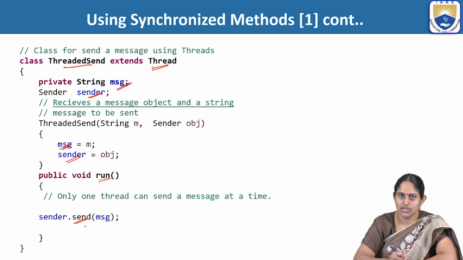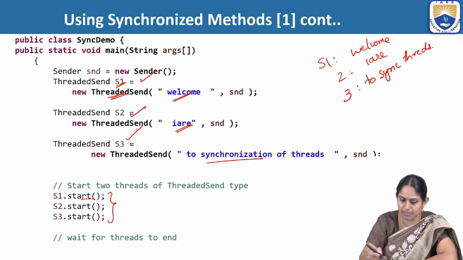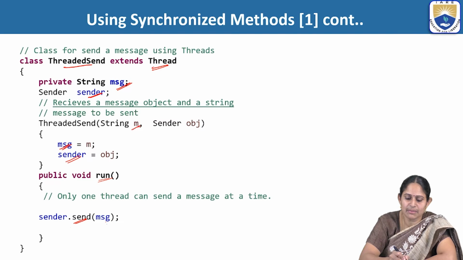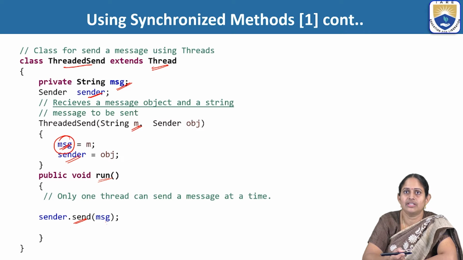Once they are started, each will go into the thread and send the message. Whatever message we have passed, we are passing this message welcome and the sender object. That message will be taken into M and stored into the message variable of that thread for each case.